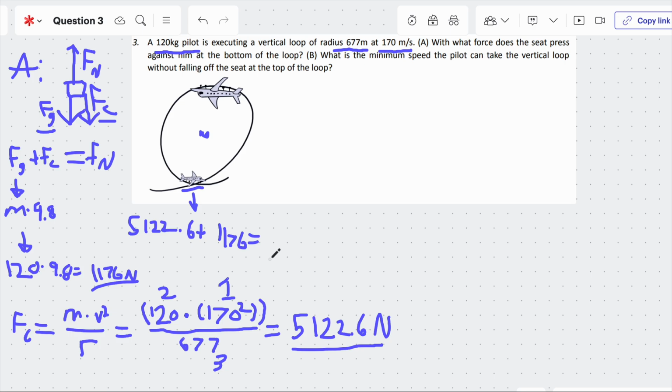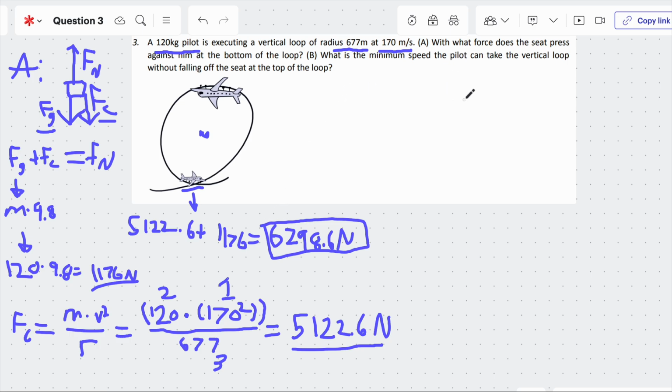So 5,122.6 times 1,176, oh wow, times, not wanting to do times. Okay, plus 1,176. Should give us about 6,298.6 newtons. And this will be our normal force, because we found out that just adding them together gives us our normal force. So that's part A. Now, on to part B.